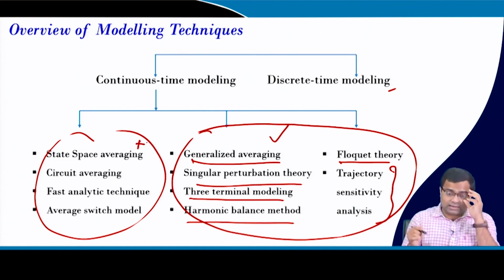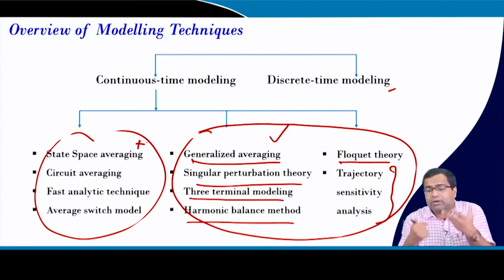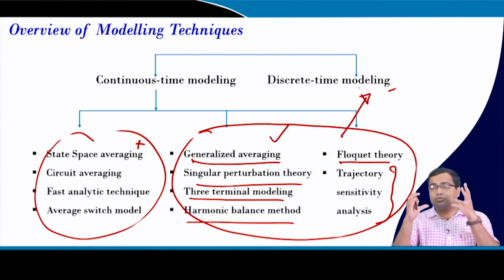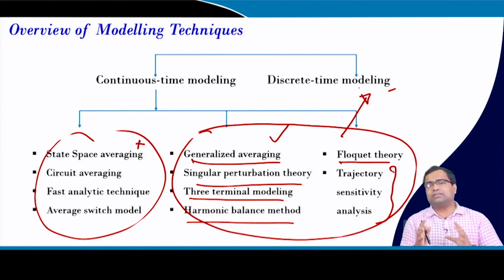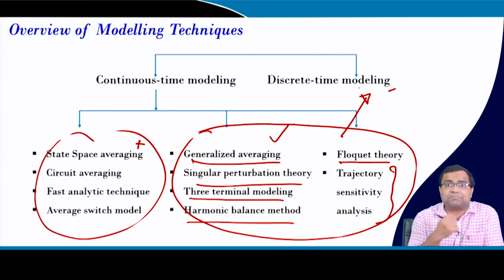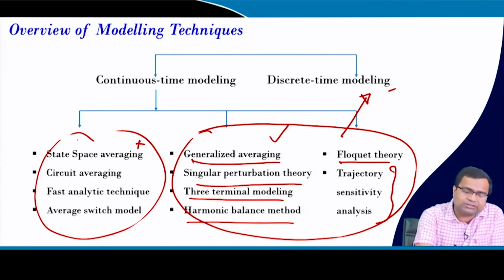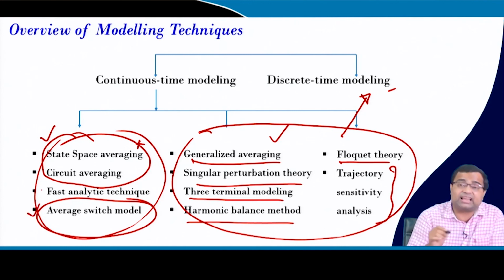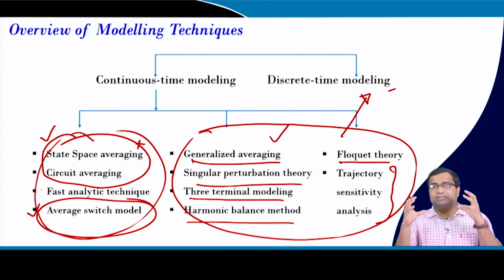So this can give more information, but when you go to discrete time modeling, it is even more complex because of the solution of the matrix, writing matrix equations. So we need to deal with different modeling techniques. To start with, in the subsequent lectures, we will primarily consider these two techniques, particularly using the average switch model. These are the techniques that we will consider extensively, and we develop the small signal model.